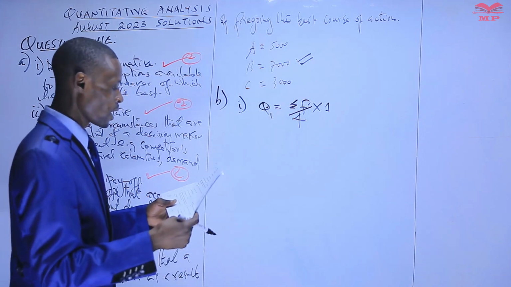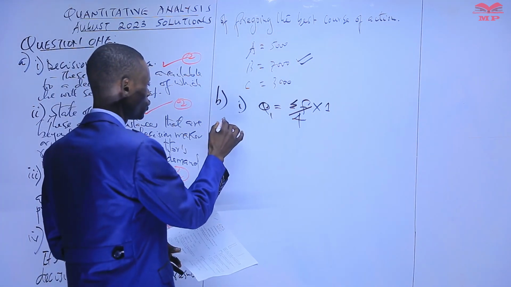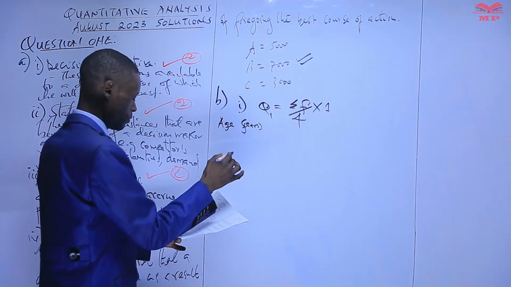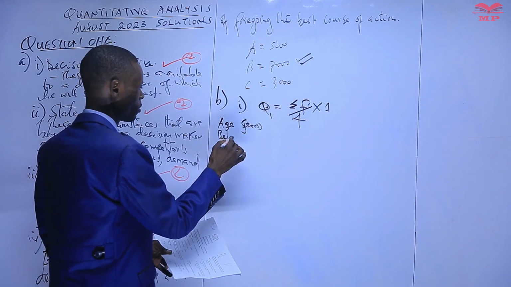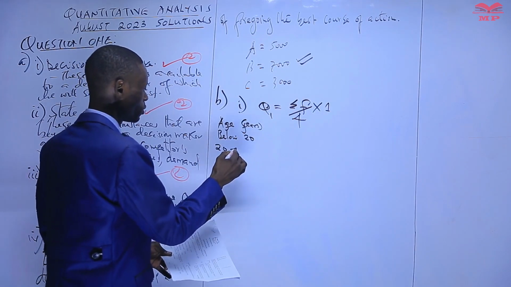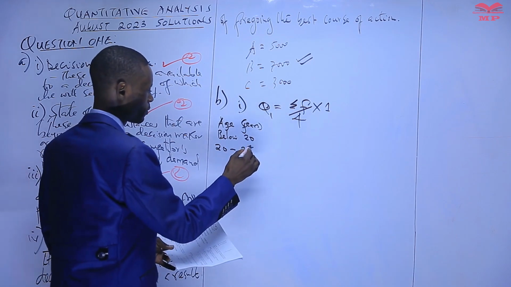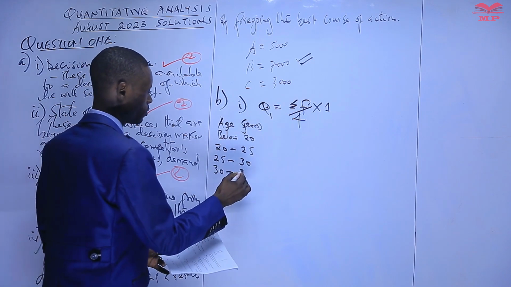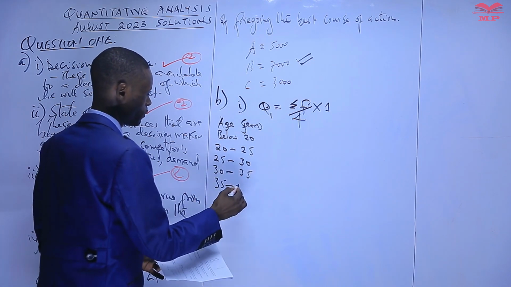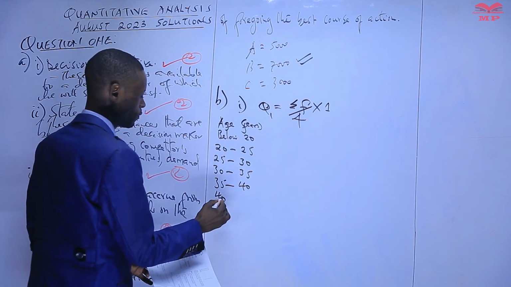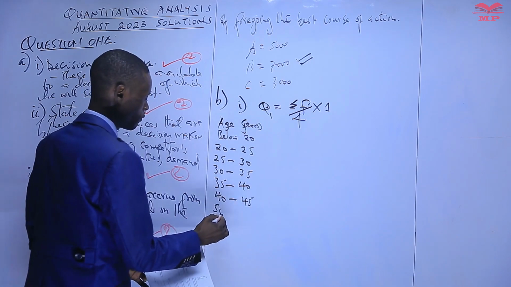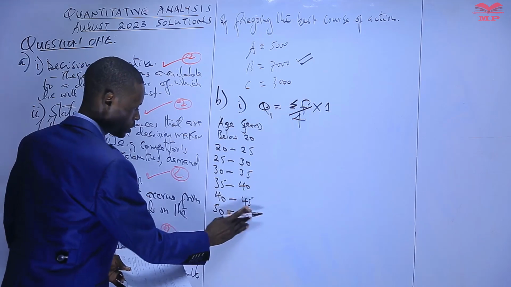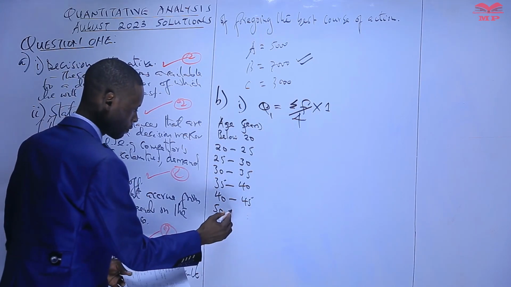Good. So we have our table here. Let me have the age. I have the age in years. So let me write below: 20, then we have 22, 25, 25 to 30, 30 to 35, 35 to 40, 40 to 45, 50 to 55, and 50 and above.